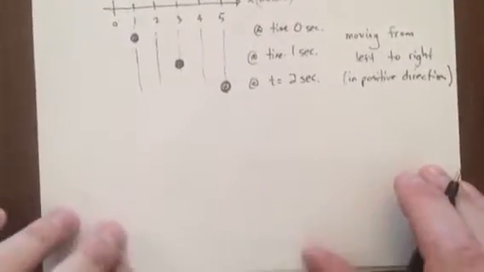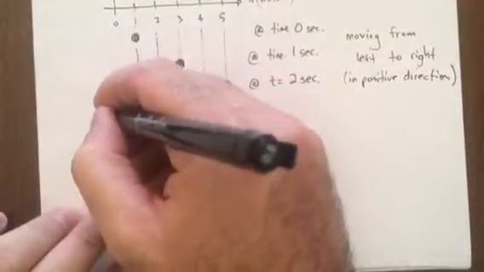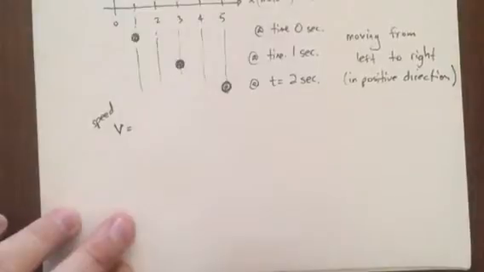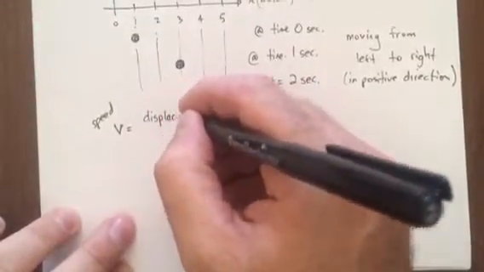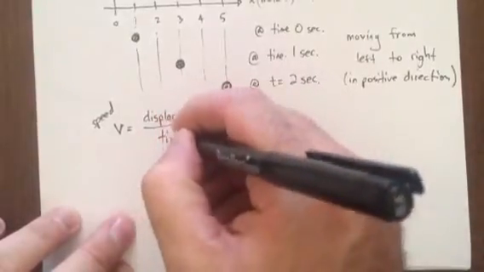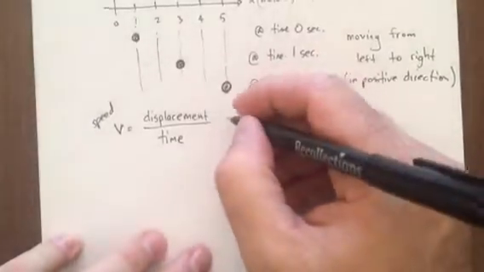Let's go back to our definition of velocity and speed. I'm going to start calling speed v as a symbol, velocity is going to be more specific. It's going to be displacement over time. Now remember, displacement and distance can be the same, but are not always the same.